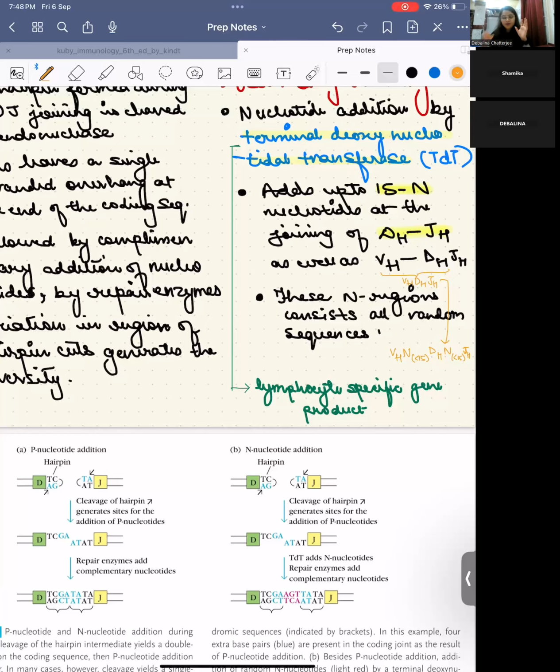Only if a recombination has happened productively and the cell is able to recognize no self antigen does it get a chance to leave the bone marrow and reach the peripheral lymphoid organs, where they can form germinal centers.